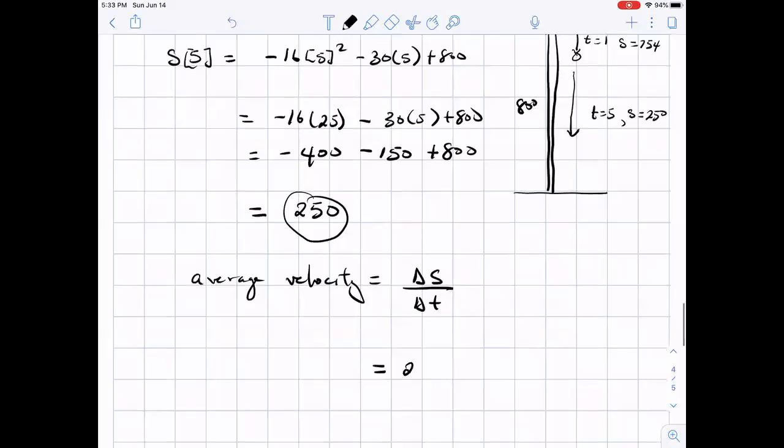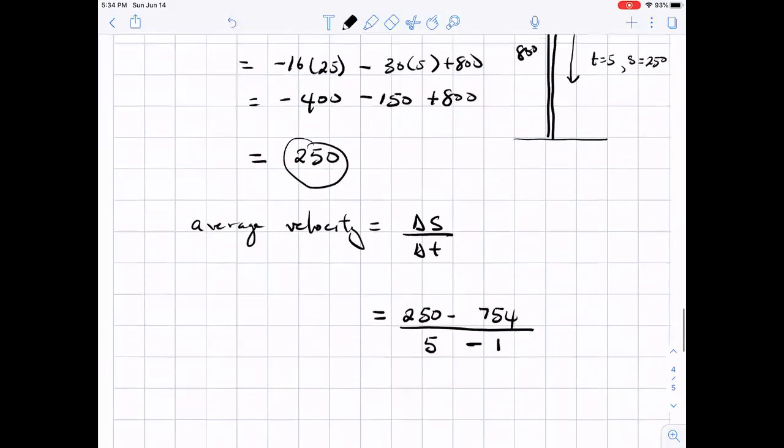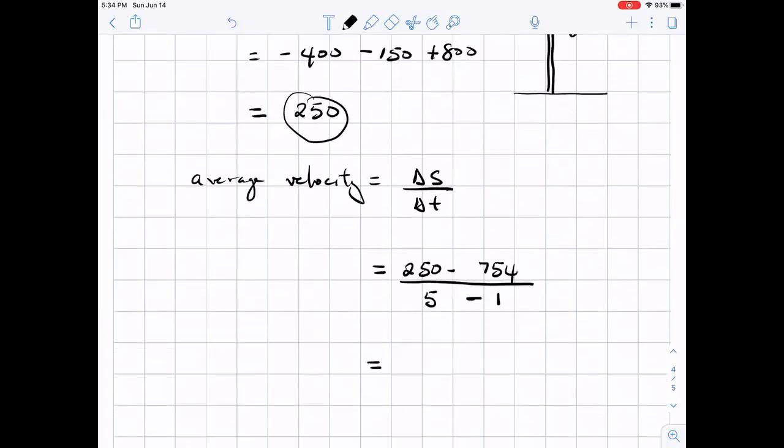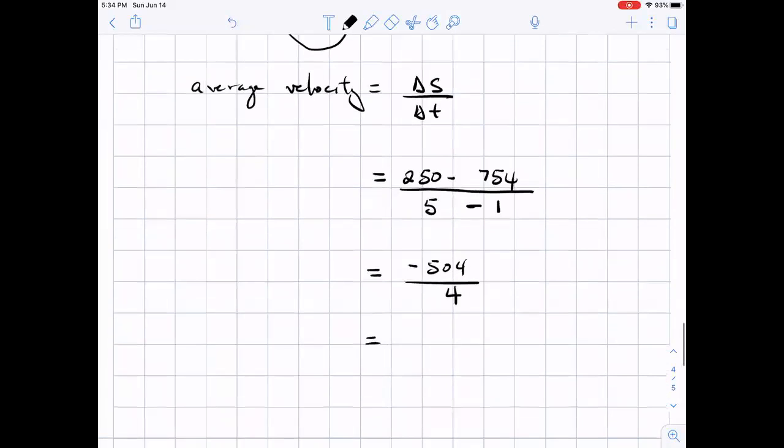This becomes 250 minus 754 divided by 5 minus 1. That becomes minus 504 over 4. And if you do the division, that becomes minus 126.